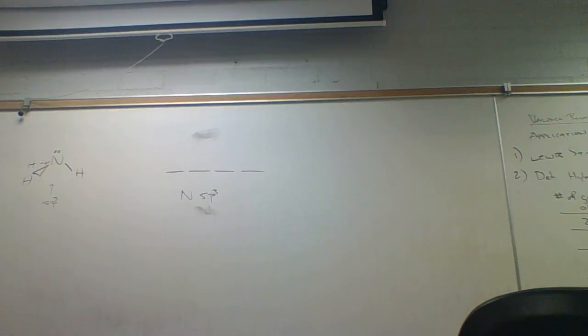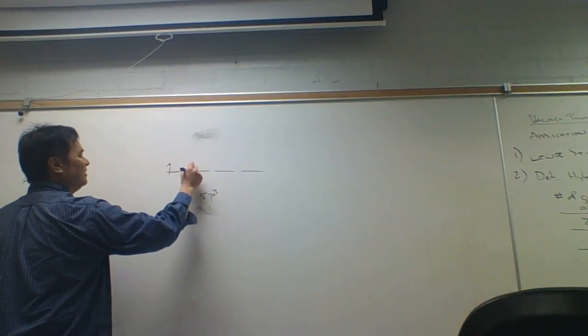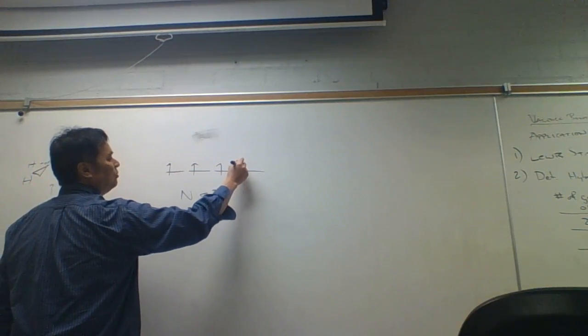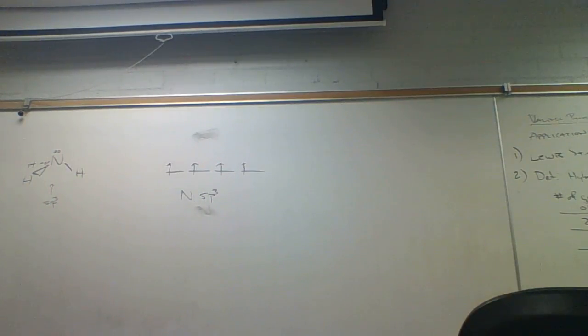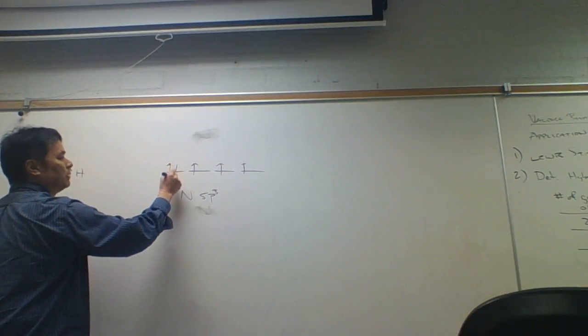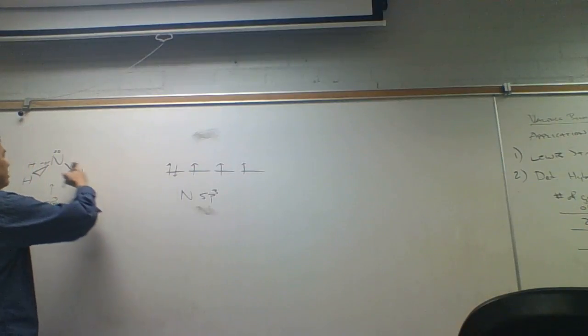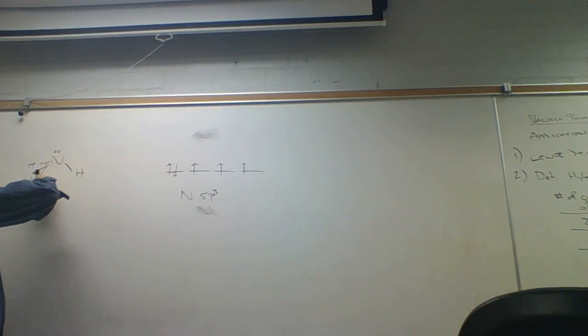So nitrogen has 5 electrons, and so I'm going to fill these up. 1, 2, 3, 4. Now where does the 5th one go? The fifth one is going to pair, and so that's a lone pair. Does nitrogen have a lone pair? Yes. Nitrogen has a lone pair and 3 bonds.